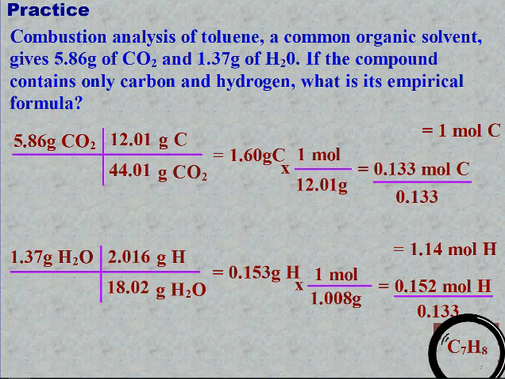If you weren't careful, you may have thought that rounded down, but that's roughly 1.15. And in the calculator, if you just started saying that times 2, that times 3, that times 4, and so on, eventually you would get to times 7. And times 7 gives you 8, or 7.99. So 1.14 times 7 gives me 8. So I need to multiply both of my elements by 7. That's how I get C7H8.